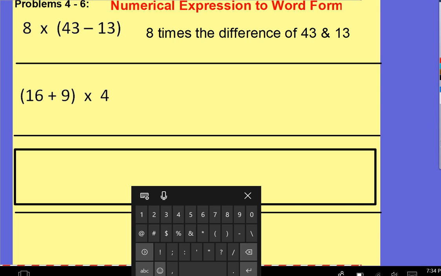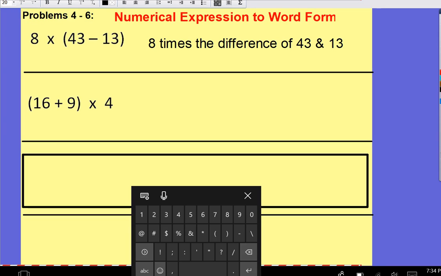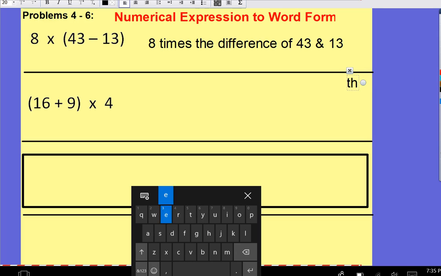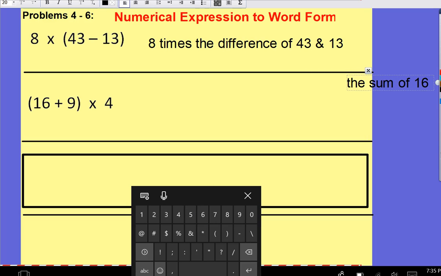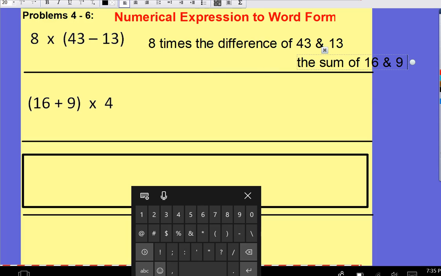So our next one says 16 plus 9 times 4. Again, it's very similar to the one before, but this time we're finding the sum. So let's type that as the sum of 16 and 9, and then there's a couple of ways that I could say that I want to multiply times 4.